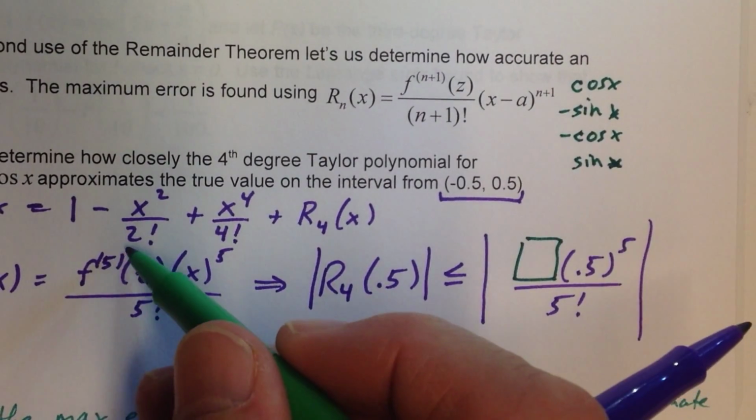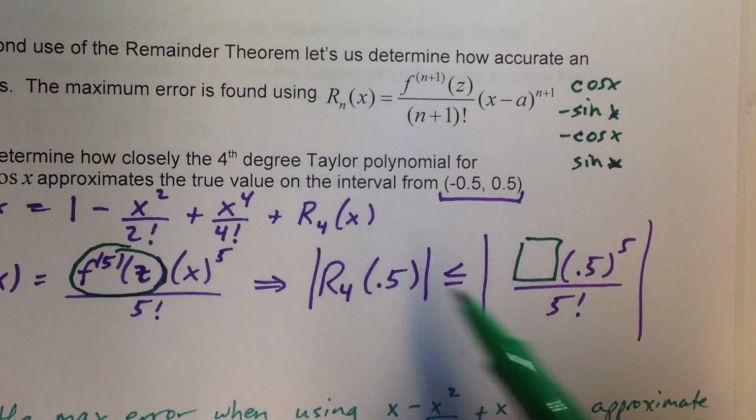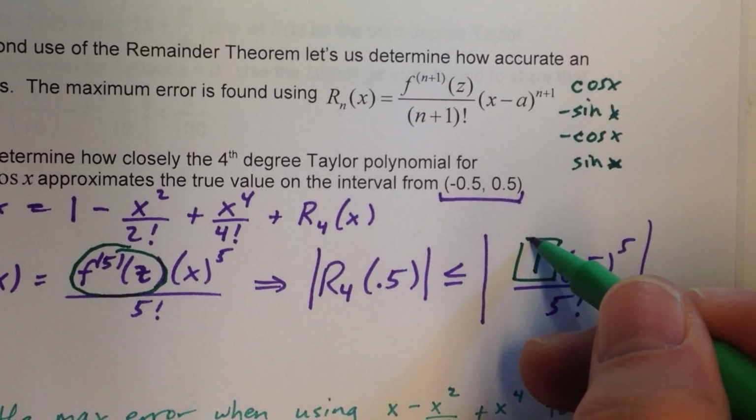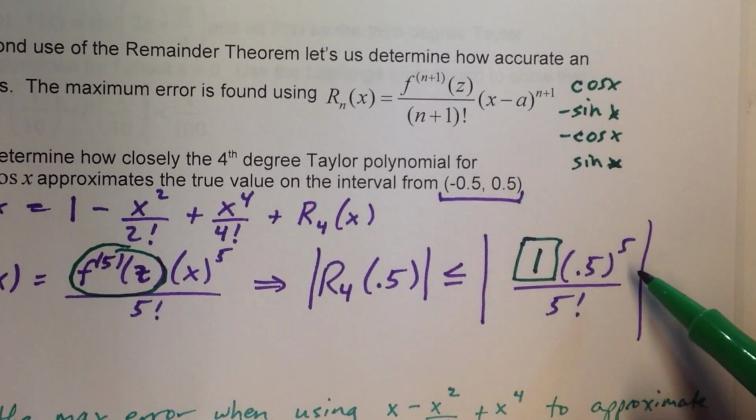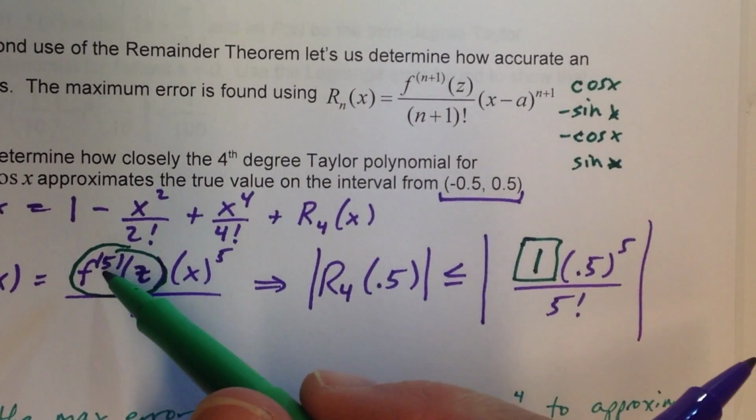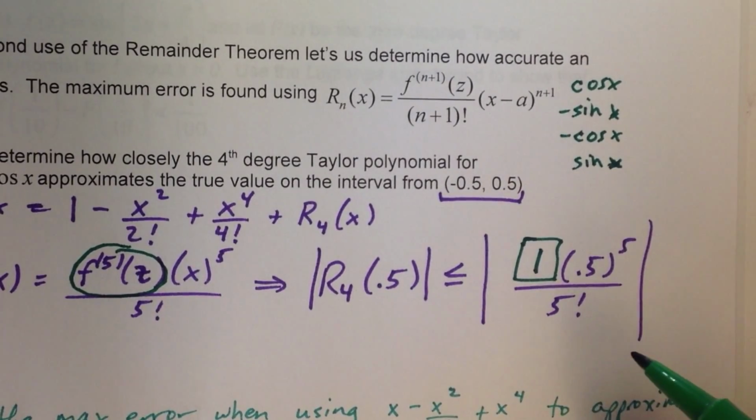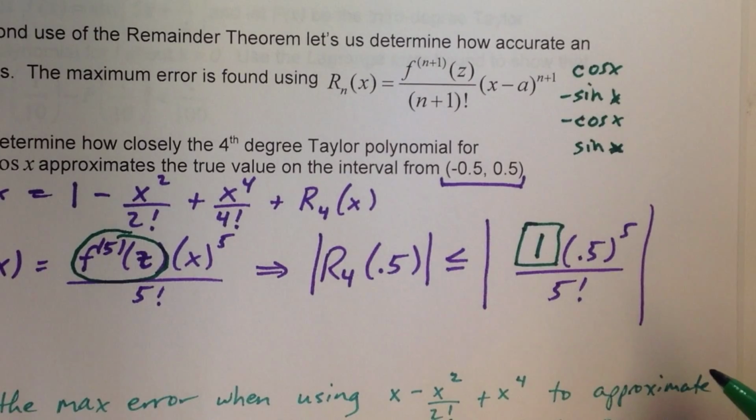Okay, so if the maximum value that the fifth derivative can get would be 1, then we're going to replace in our expression a 1 in place of that fifth derivative, because we have an upper bound for the fifth derivative. We call it the Lagrange upper bound, but nevertheless, knowing how to get it is more important than knowing what it's called.